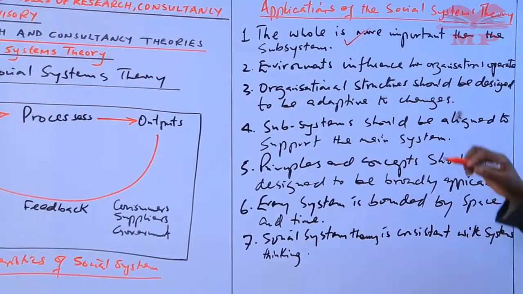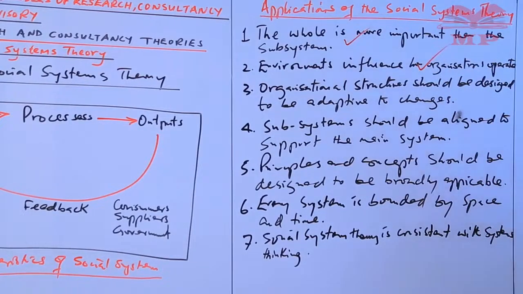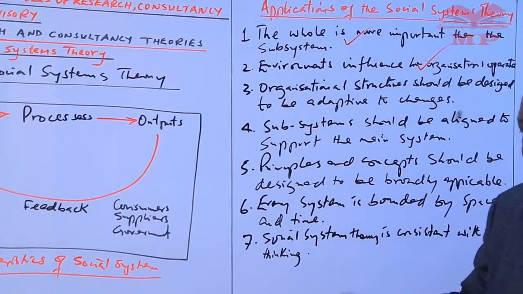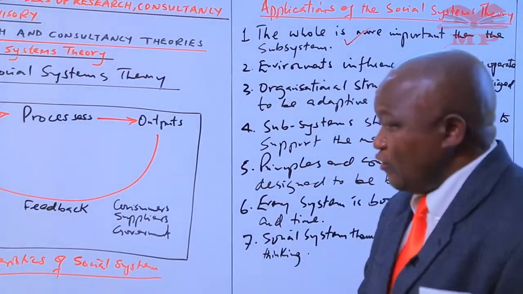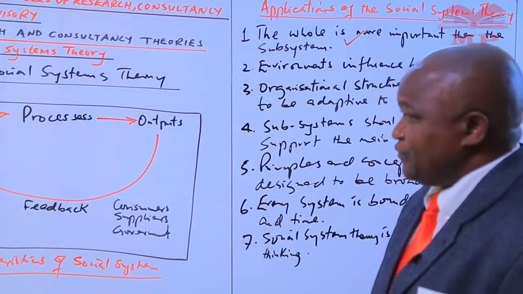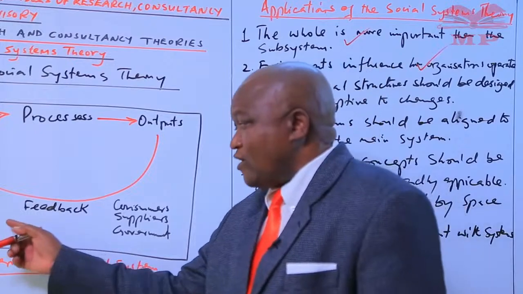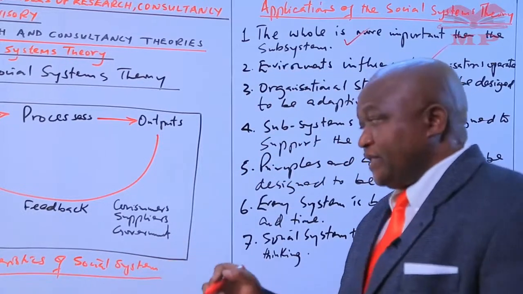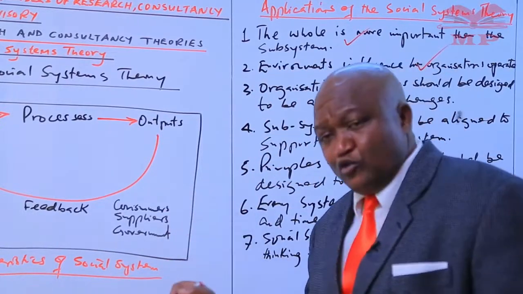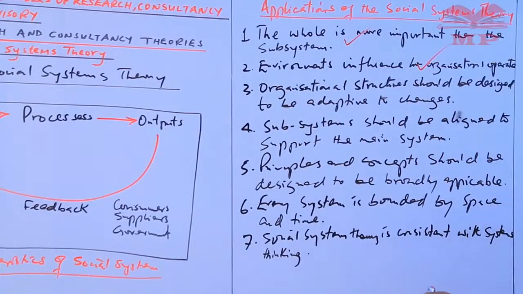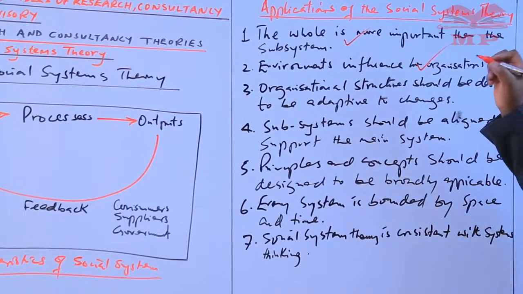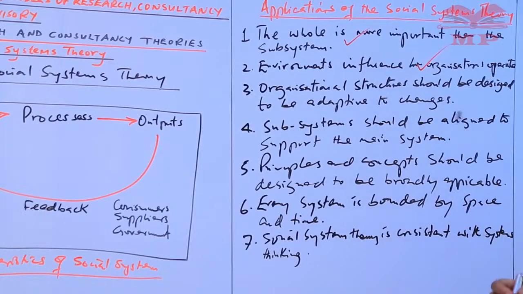Then number two, environments influence how organizations operate. We gave an illustration: an organization operating in a production setting should be aware that the environment, for example, government and government agencies, suppliers or consumers, may have an impact on what the organization does. Hence, it is important that organizations become sensitive to their environments.